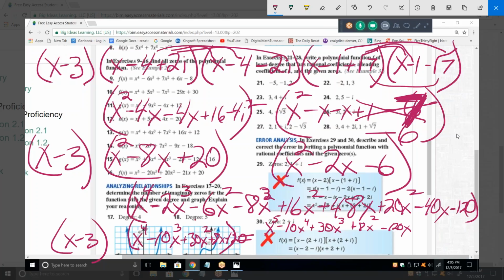And then negative 3x to the fourth, or minus, yeah.